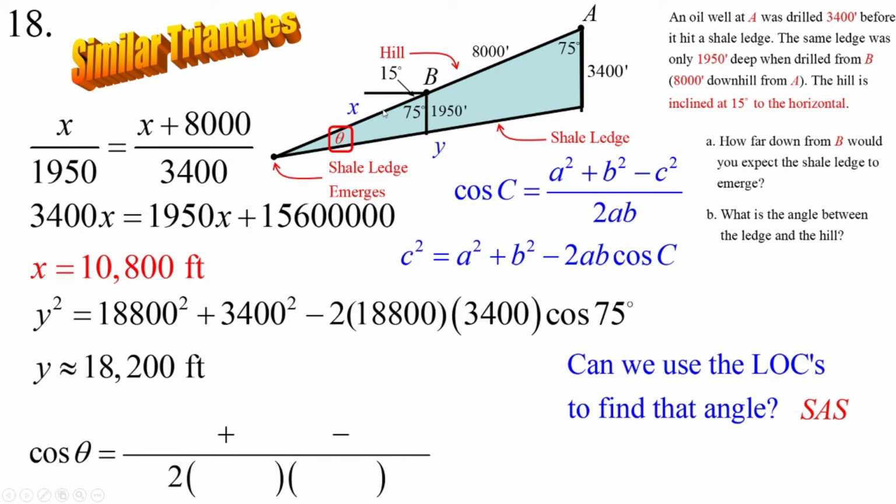One of them is this x, which was approximately 10,800 plus 8,000 more, so that's an 18,800 that I'm going to have to square, plus the other adjacent, this y that I just found, which is approximately 18,200 feet, so let's square that, 18,200 squared, minus the opposite of my angle theta, which is 3,400, squared, 3,400 squared, over 2 times the a, which was 18,800, times the b, which was 18,200.